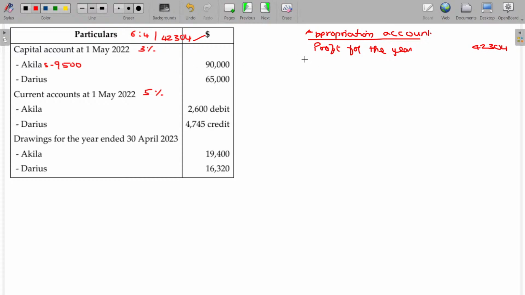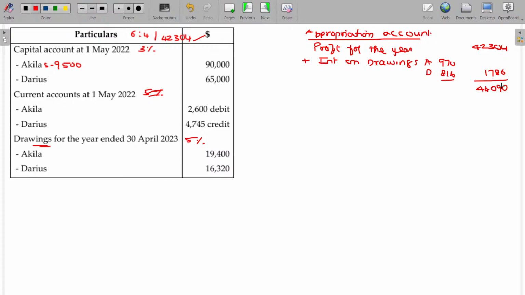And add interest on drawings. On the interest on drawings, 5% will be calculated for Aquila and Darius. 5% on this being 970. For Darius it is 816. Total 1,786. Profit becomes 44,090.